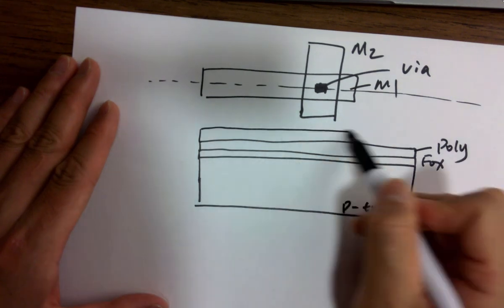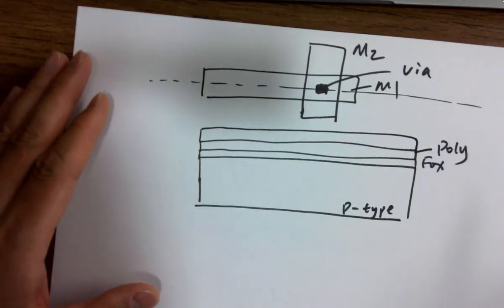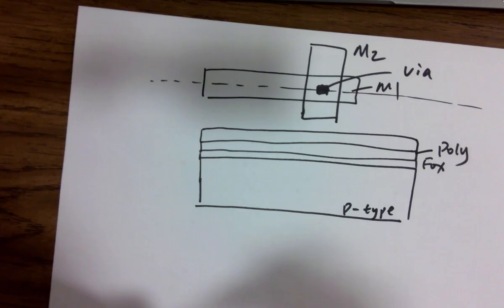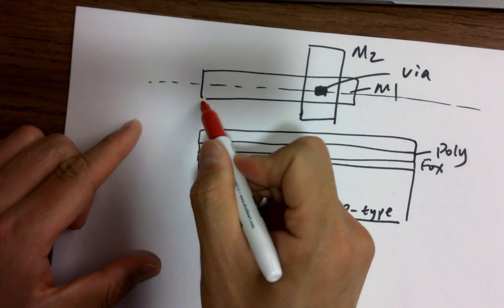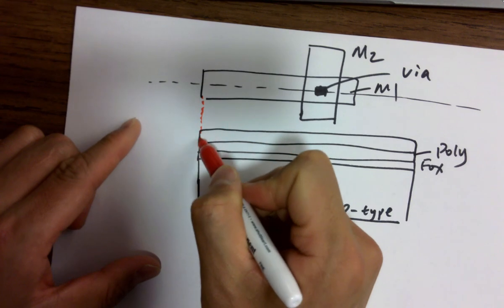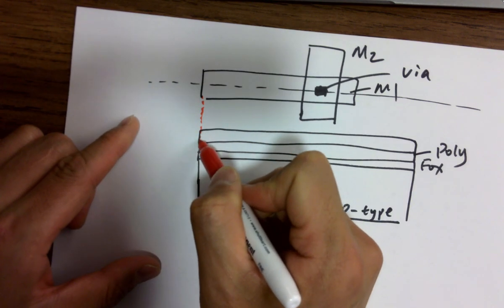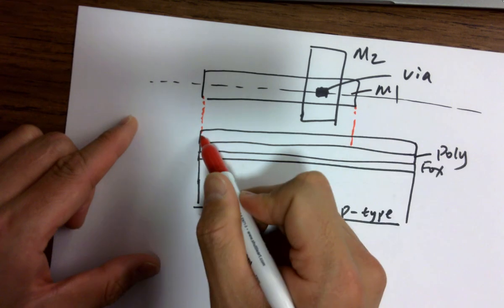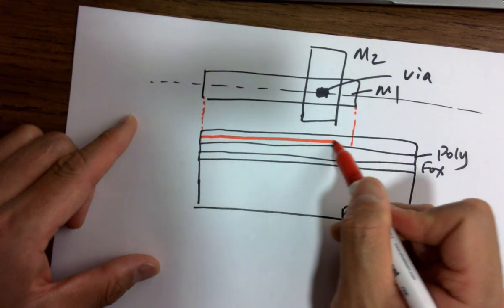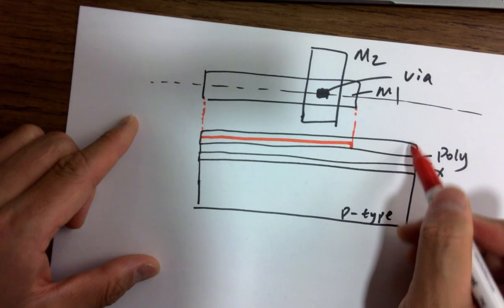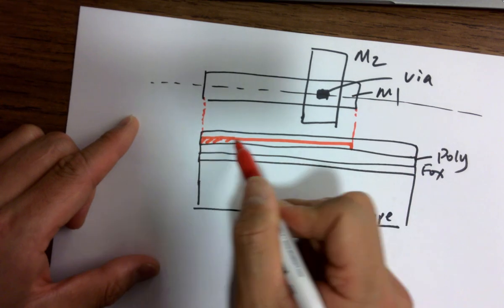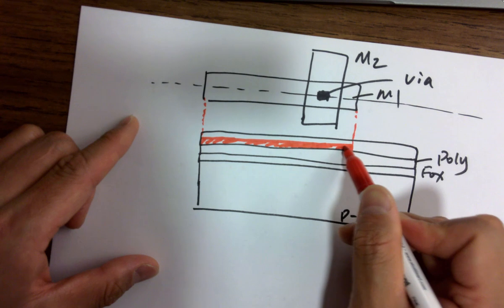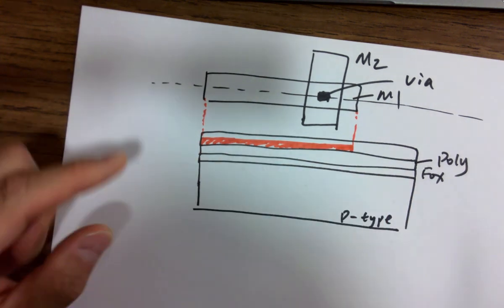And then on the top of it will be metal 1, right? Look at metal 1. It's a bad drawing, but I'm going to draw a dashed line to show that metal 1 starts from here and stops here. And it will be a little bit shorter than the width of the insulation layer. And that will be a metal 1 trace seen from the side.